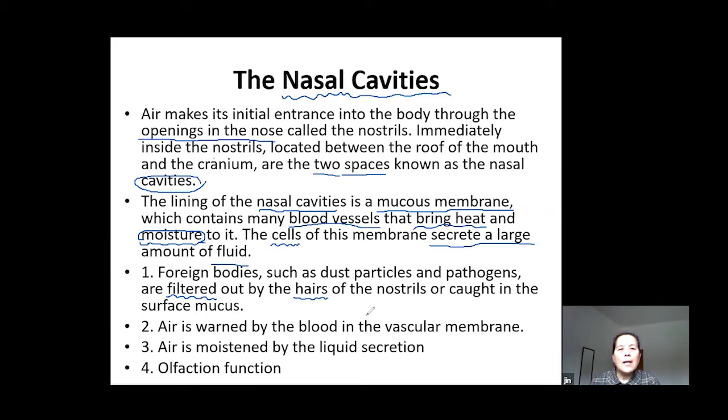These hairs can block some passengers or pollution, like dust. So that's the first function of the nose cavity, filtering. And then the nose cavity has another function, warming.